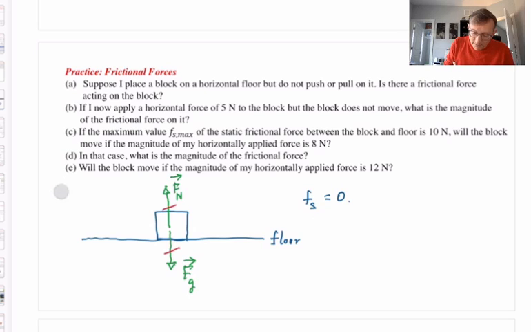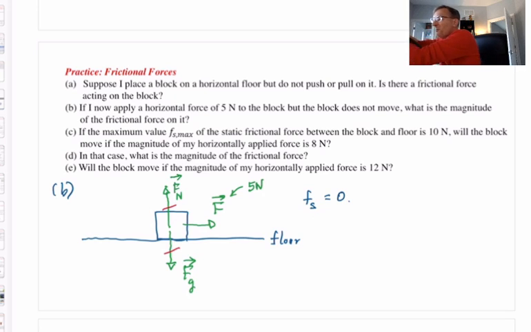Okay, now we're answering part B. So now, let's say my applied force is to the right. I'll just call it F. That's my horizontal force of magnitude 5 newtons. But the block does not move. That means its acceleration is 0. That means the net force on it must be 0. So something has to balance that applied force to the right.